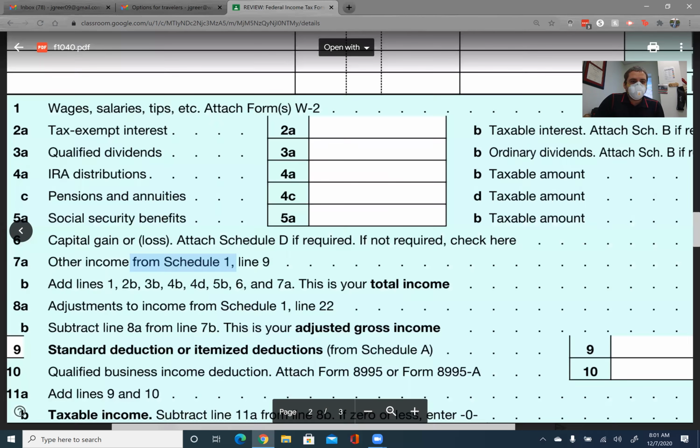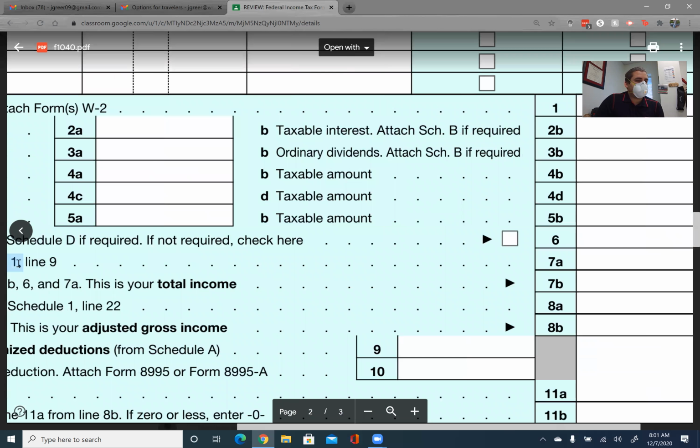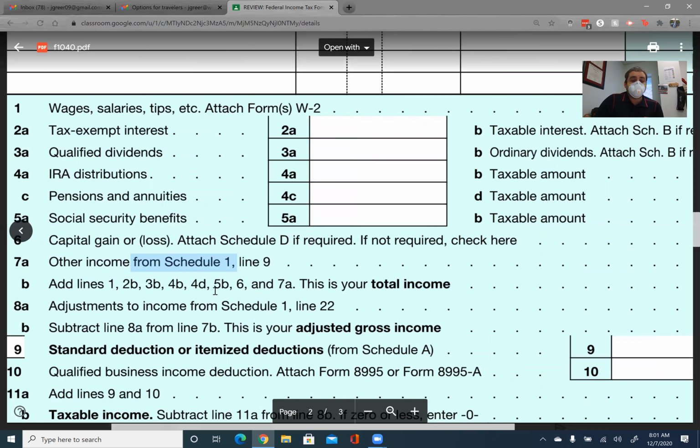Okay, let's go back to the schedule. So if there is alimony, we would take that amount and just transfer it over here. Schedule 1, line 9. Put it here again because 7B. Actually, no, don't put it here on 7B.